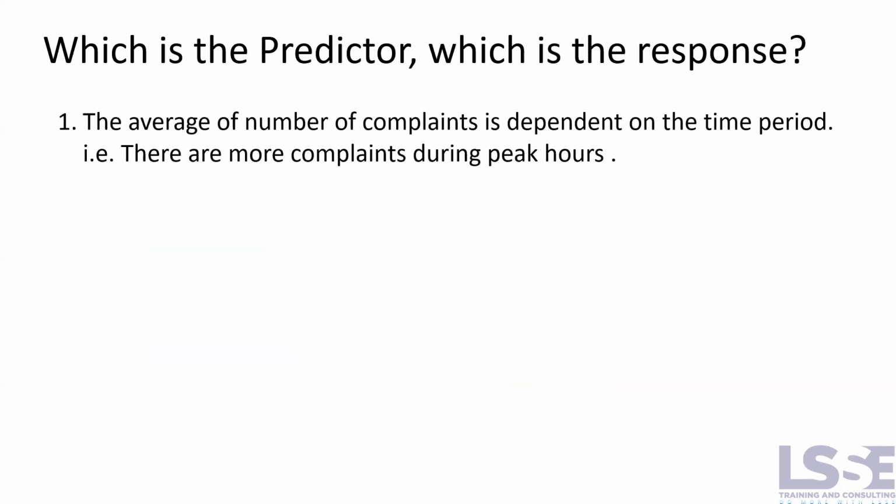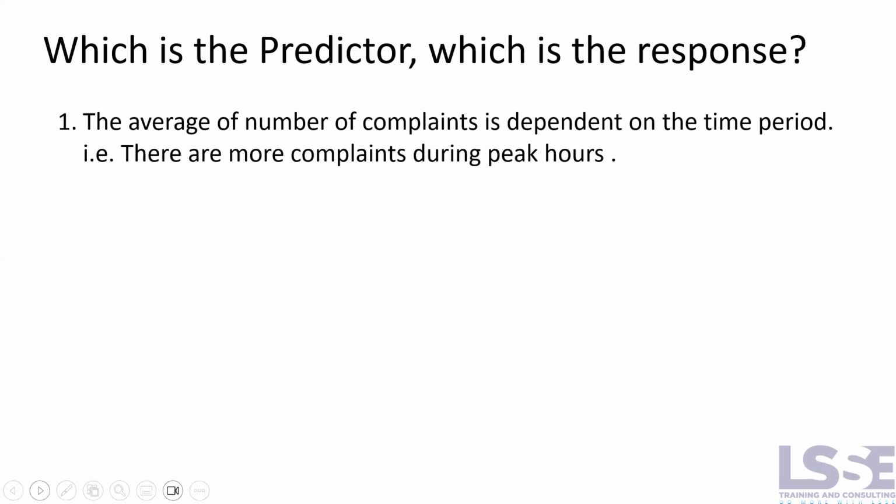In this example, your independent variable or predictor is the time period, and your response, or dependent variable, is the number of complaints. So during peak hours you have lots of complaints, whereas in your non-peak hours you would have fewer complaints.